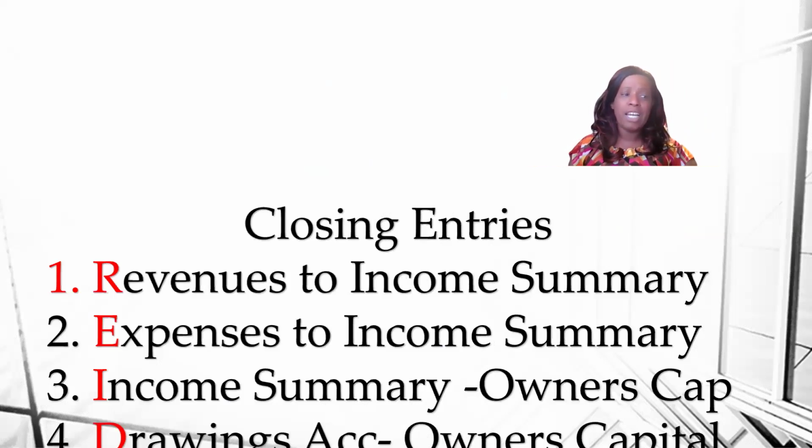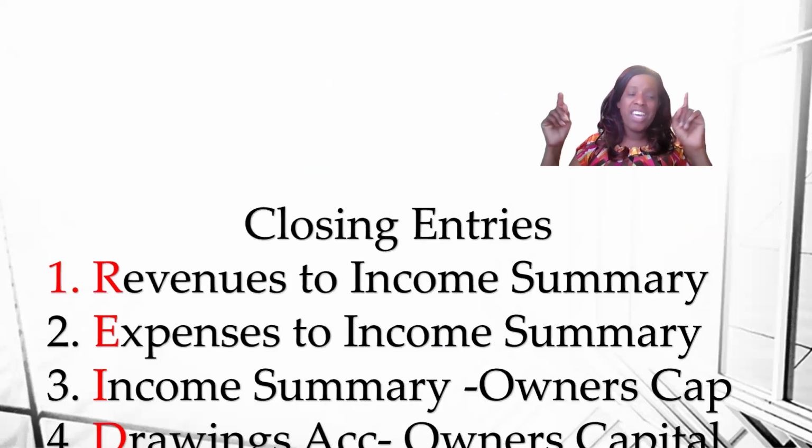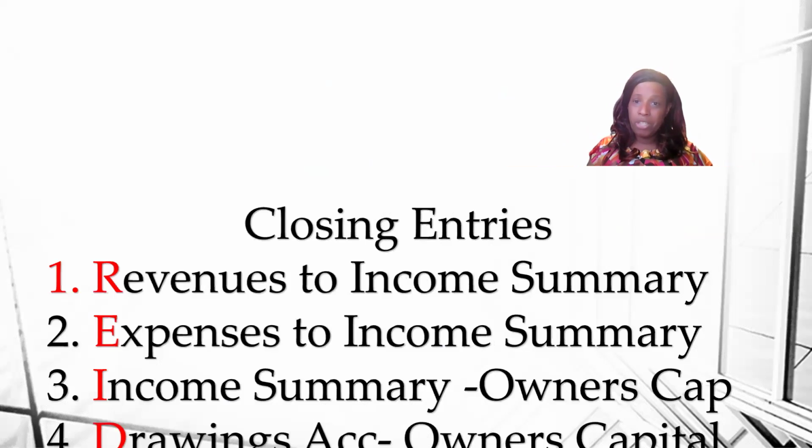So let's go over this again. What are closing entries? They are journal entries, just like we did yesterday. But this is another journal entry at the end of a period to transfer the balances from temporary accounts to permanent accounts. What types of accounts are we closing? We're going to close our revenue.